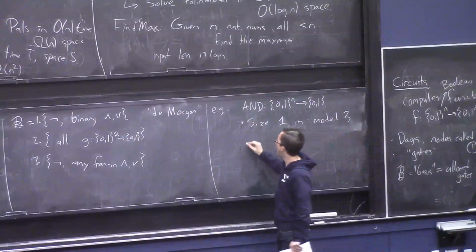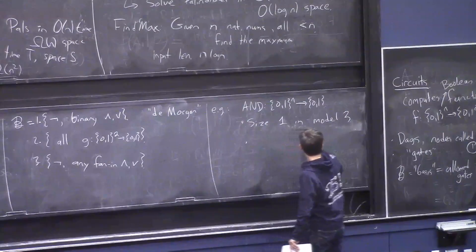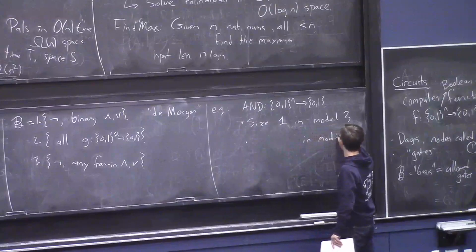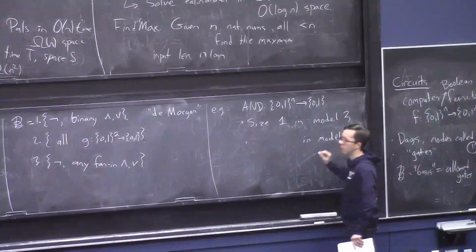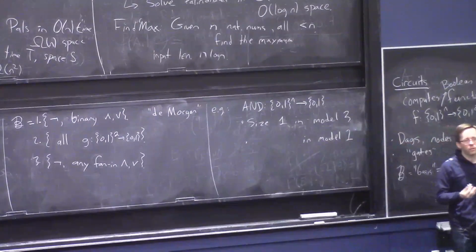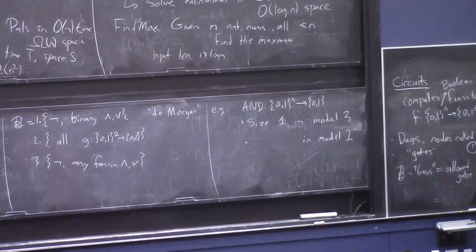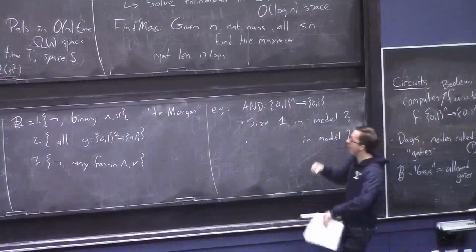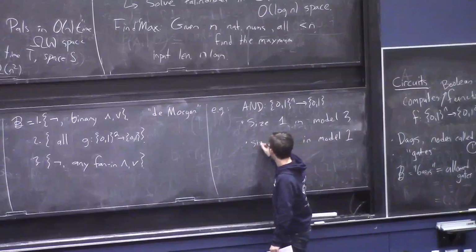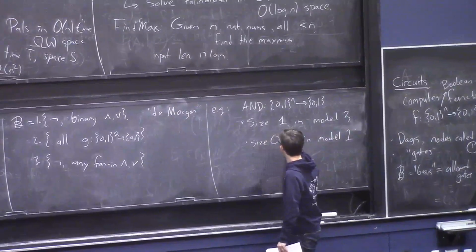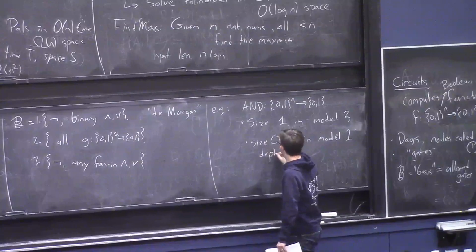But in model 1, where you just have fan-in 1 and 2, what is the size and depth of a good circuit for computing the AND? Yeah, you can make a little tree of binary AND gates and do it in size order n and depth order log n.